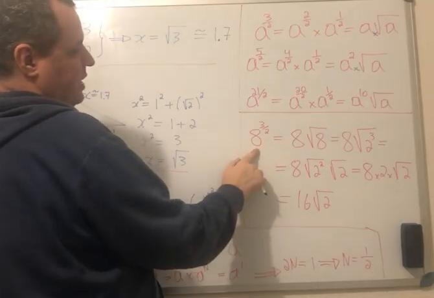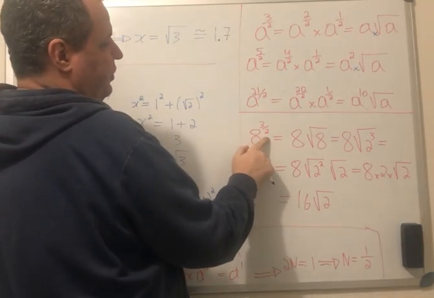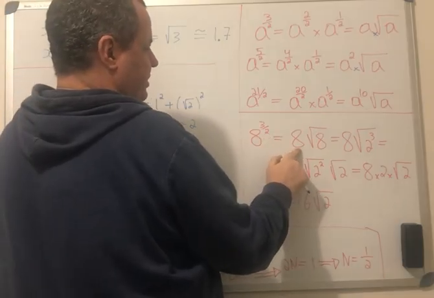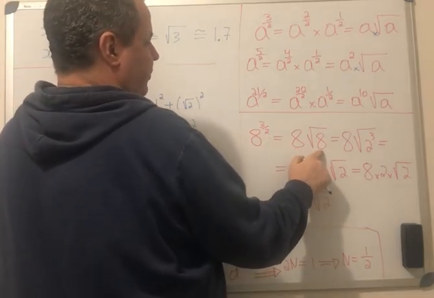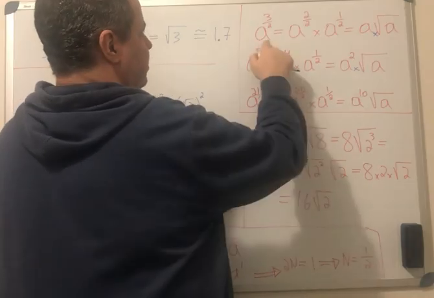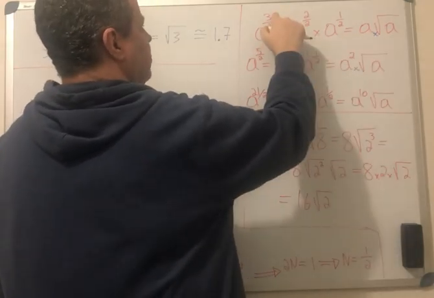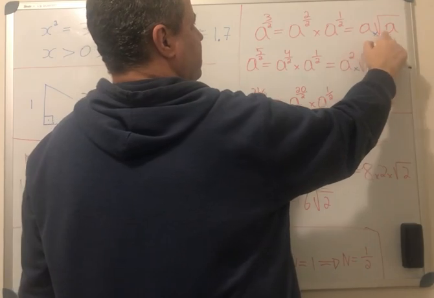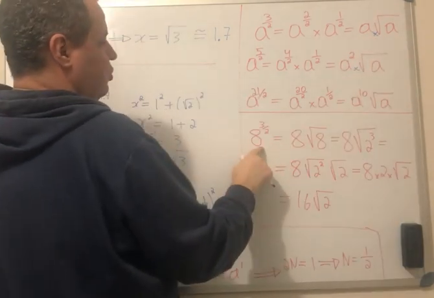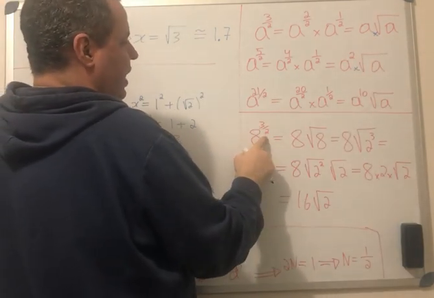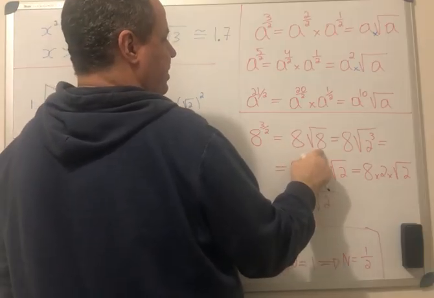How about this? 8 to the power 3 halves. It's 8 times the square root of 8. I'm using this formula here: something to the power 3 halves is something times the square root of something. 8 to the power 3 halves is 8 times the square root of 8.